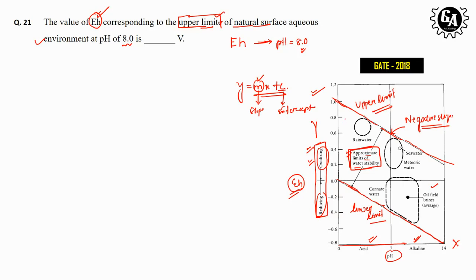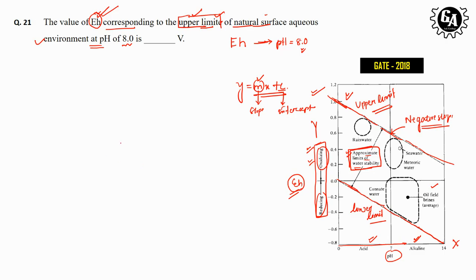So in this case, it is asking the value of EH corresponding to the upper limit, so we have to take the straight line equation of this upper limit, at a pH of 8.0.